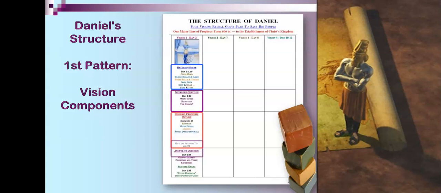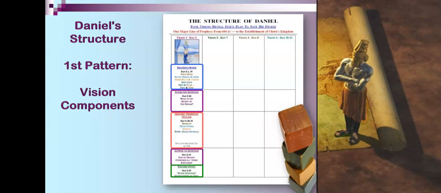Then the last quadrant is two components. We get the answer to the question, in this particular chapter verse 44, and then the end time event is revealed in verse 45 of chapter 2 in this first structure of Daniel.